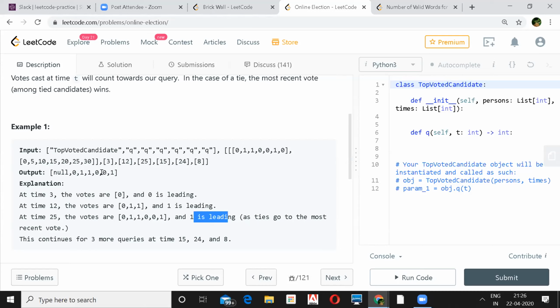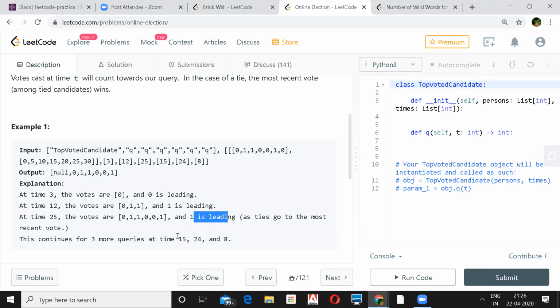Why at 15 is the leading candidate 0? I'm saying 12 is leading with 25 as of now. If this continues for 3 more queries, 15, 24 and 8, who will be leading at 15?